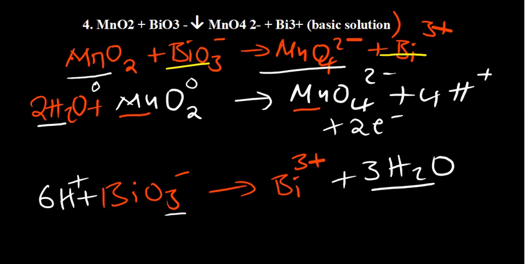Then on the product side, we have plus 3. Water doesn't have a charge. So 6 minus 1 is a 5. So I'm moving from positive 5 to 3. What's the difference there? The difference is 2. So it's a reduction. We are reducing by 2, meaning the electrons were gained. So it tells us it's a reduction reaction.